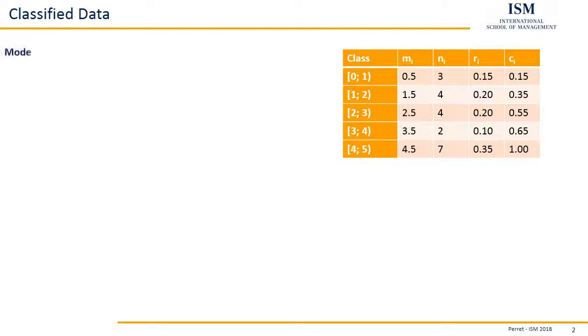For this, we can start with the mode. The mode, we recall, was the most frequent value. Here we are taking a look and selecting the class as modal class where the relative frequency divided by the class width, so ui minus ui minus 1, upper bound minus lower bound of the class, is the largest.